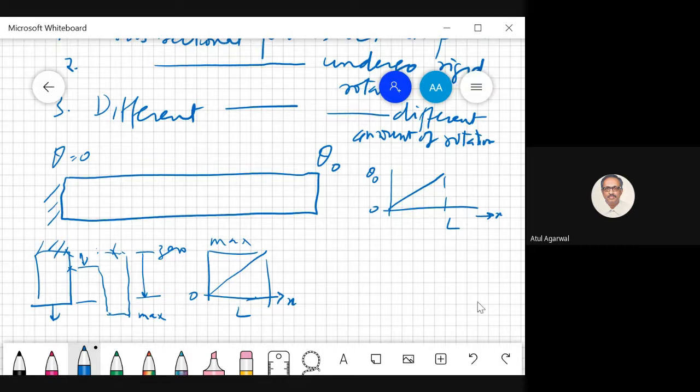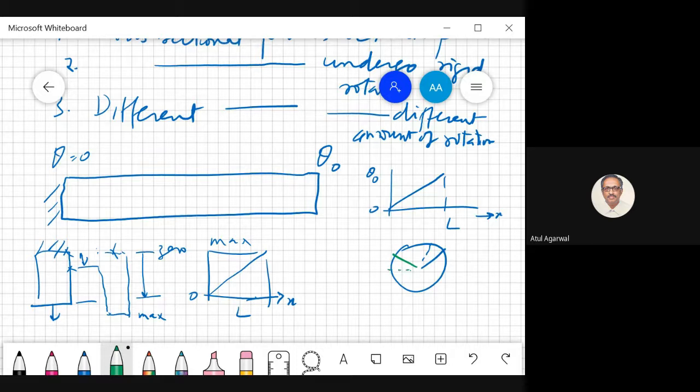Okay. Now what happens? Whenever you are doing any twisting, whenever you are doing any rotation, what is this rotation? This line goes here. This is a rigid rotation. Suppose there was some other line. This will go.